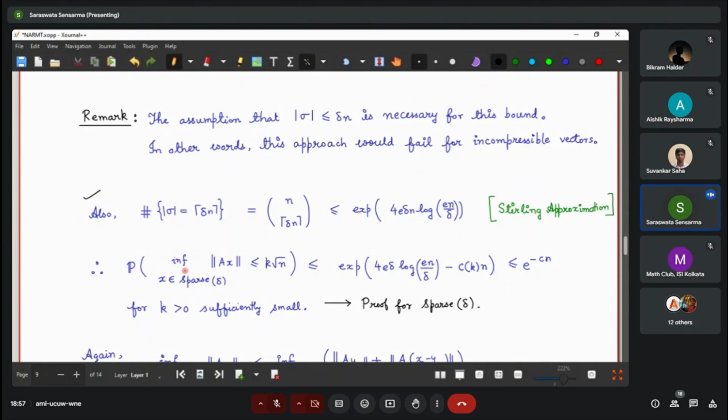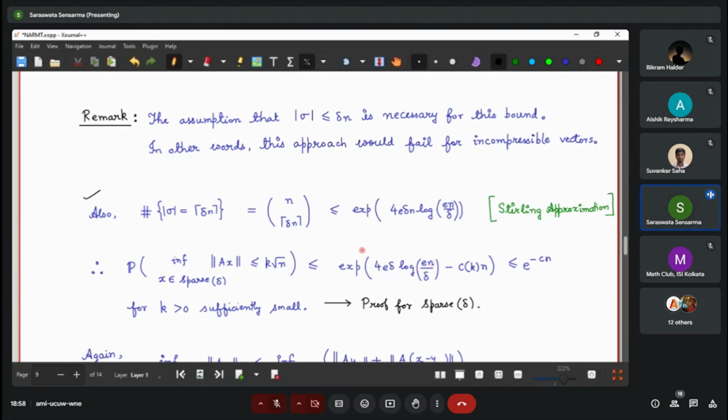Then the probability that the infimum of norm AX is less than or equal to k root n. We are now going to bound over all of the sparse vectors, but the sparse vectors that we are discussing here are exactly the unions of those equators, or unions of those lower dimensional subsets of size delta n of R^n, and that we can again bound by a union bound argument to get this term.